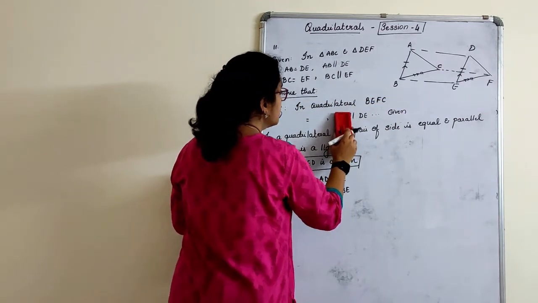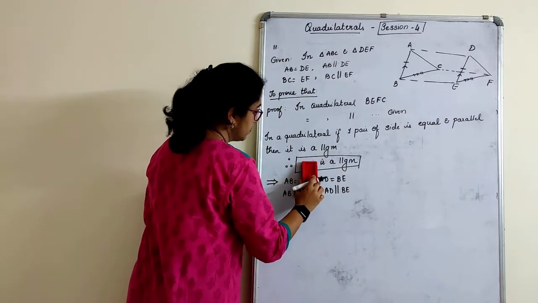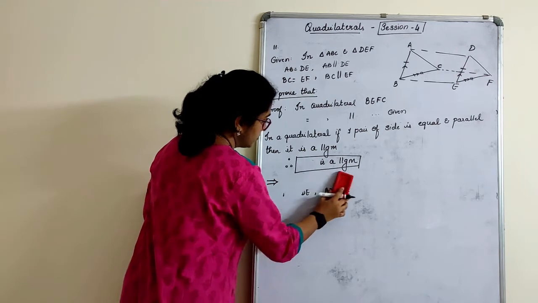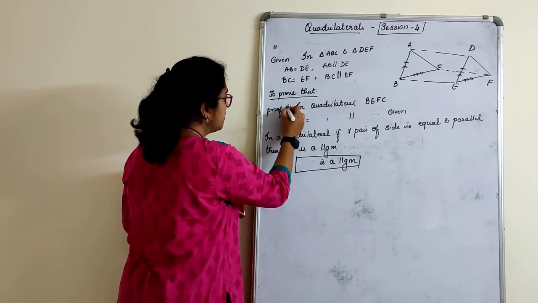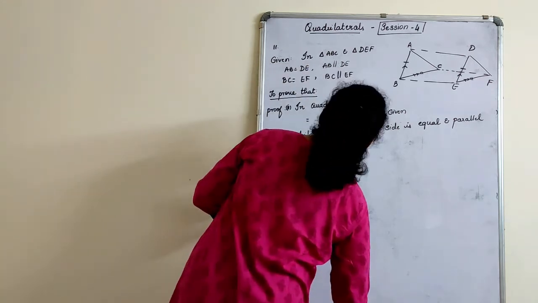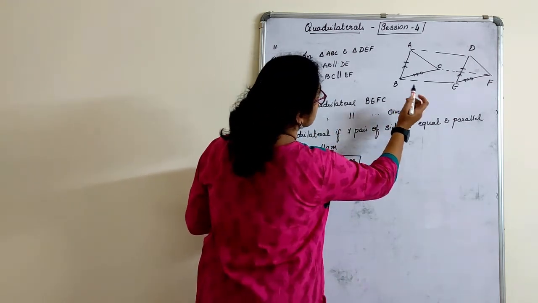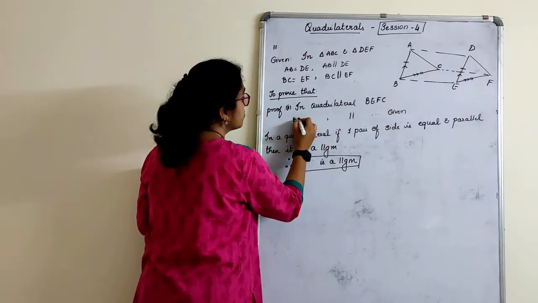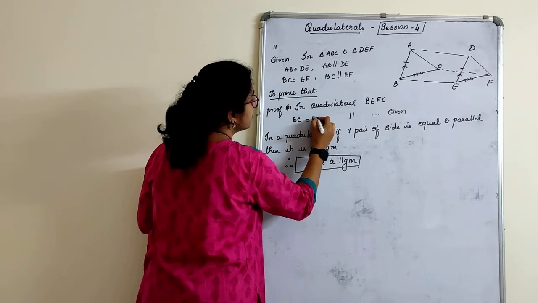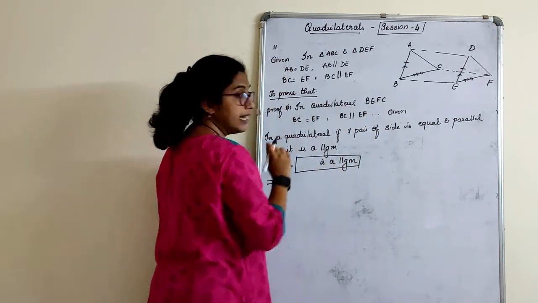Second part, this is what I am doing. In quadrilateral BEFC, BC is equal to EF and BC is parallel to EF. It is given.